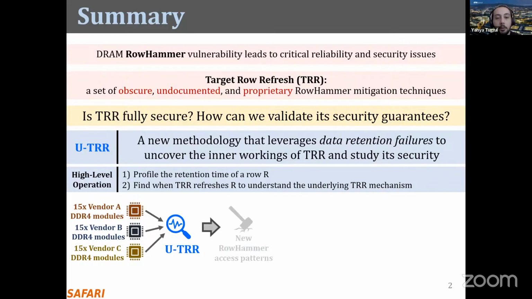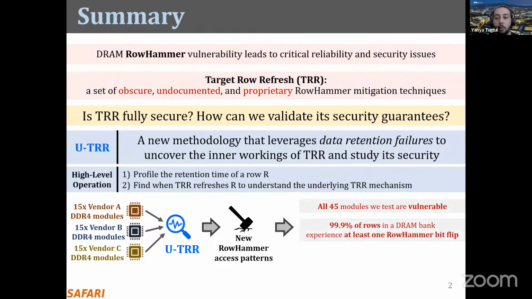Through this analysis, we make several observations. With these observations, we crafted new RowHammer access patterns that bypass the TRR mechanism and cause RowHammer bit flips. Our results show that first, all 45 modules we tested are vulnerable to RowHammer.